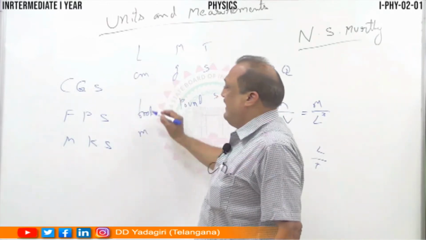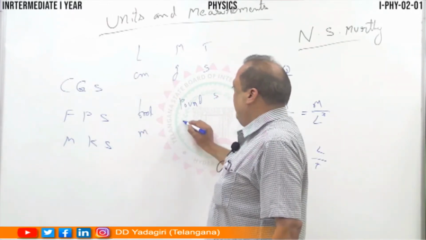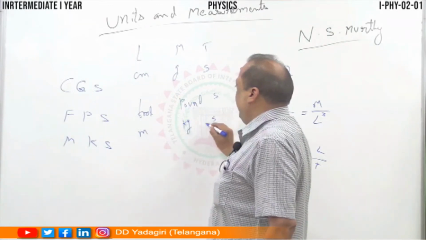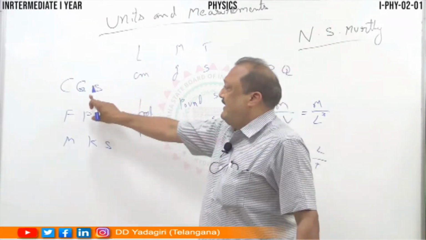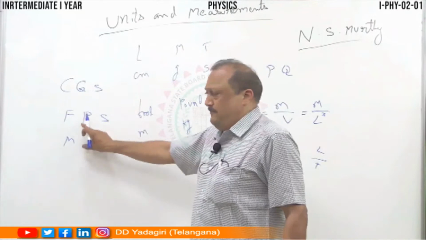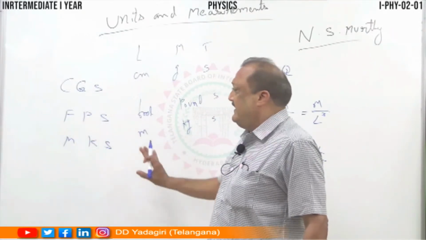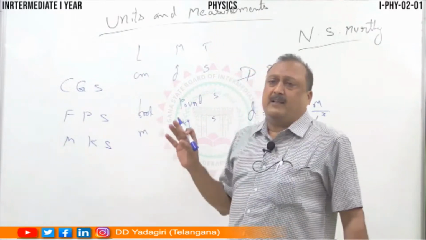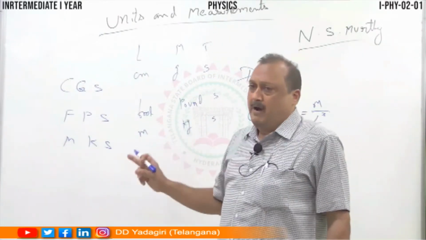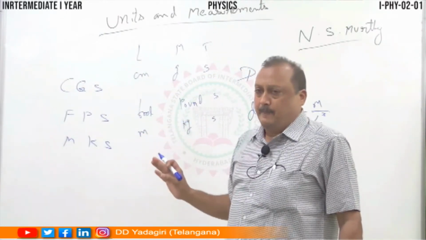In MKS system, the unit of length is meter, mass is kilogram, and time is second. So CGS is centimeter, gram, second. FPS means foot, pound, second. MKS is meter, kilogram, second. These three systems measure the fundamental physical quantities: mass, length, and time.